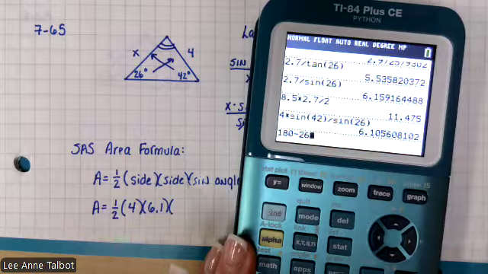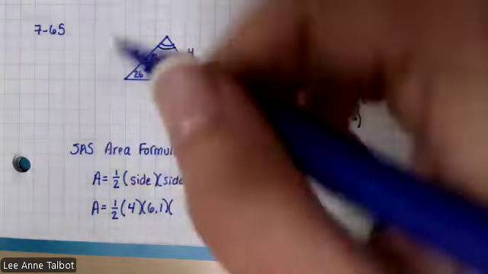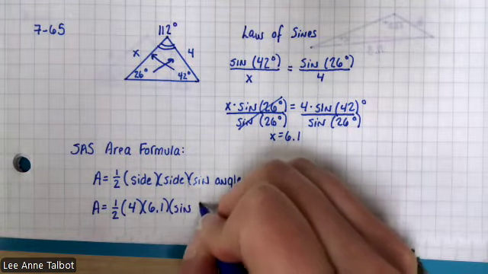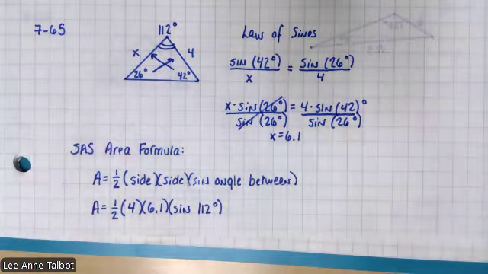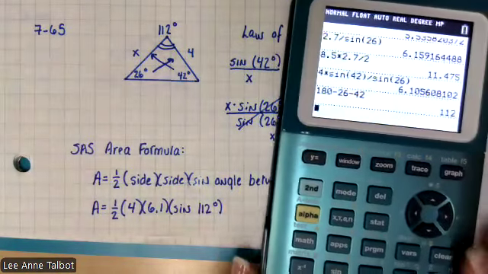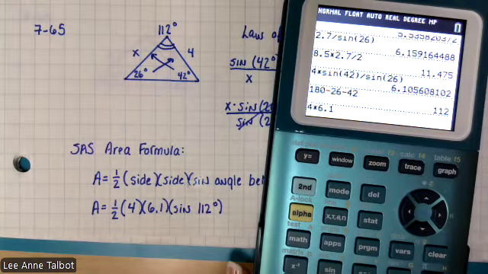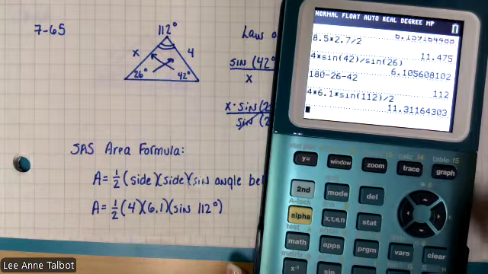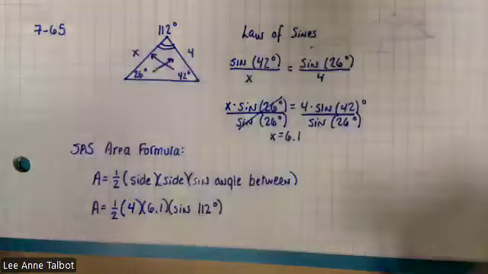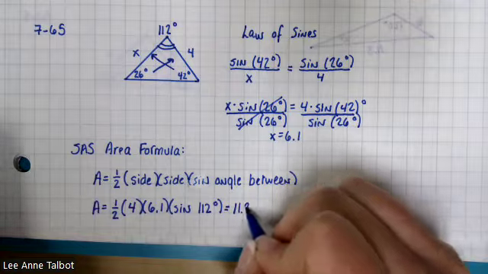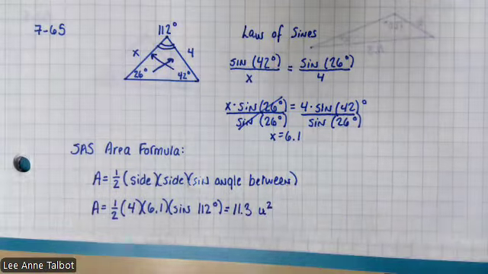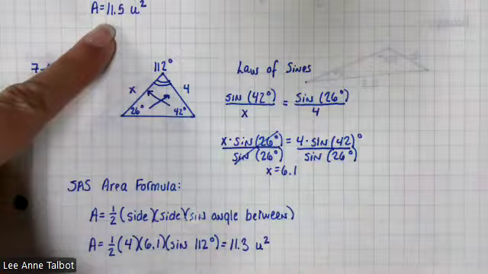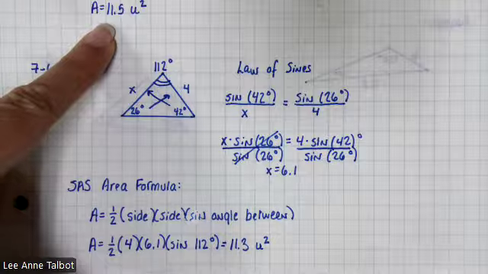It's called the triangle angle sum theorem. So 4 times 6.1 times sine 112 divided by 2, 11.3. Does 11.3 seem reasonable from our previous work up here? Yeah.